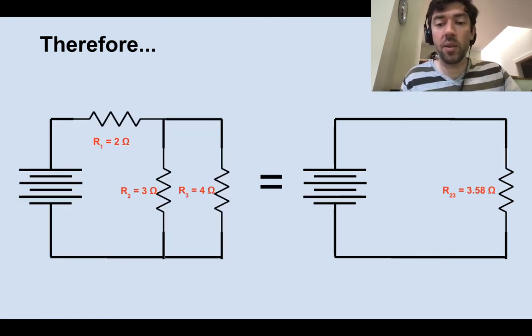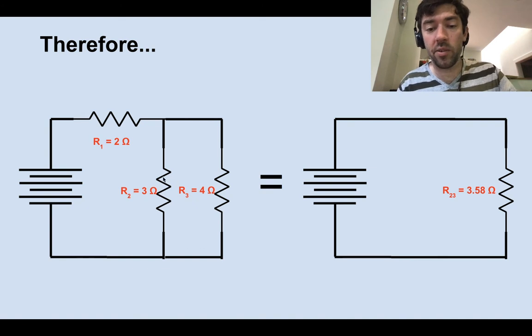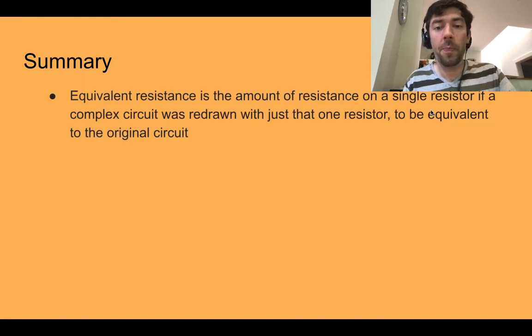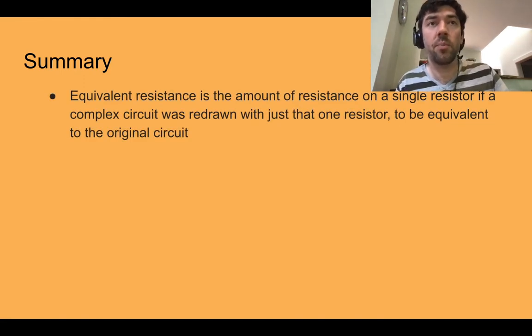And so now this can be redrawn one more time to be even simpler. And so this original complex circuit is equivalent to this simple series circuit with only one resistor, which is 3.58 ohms.